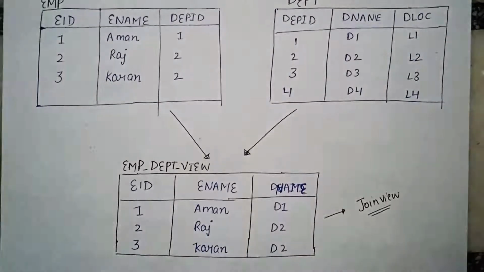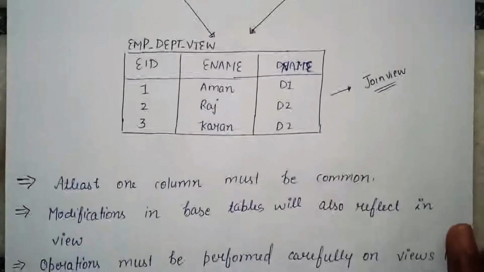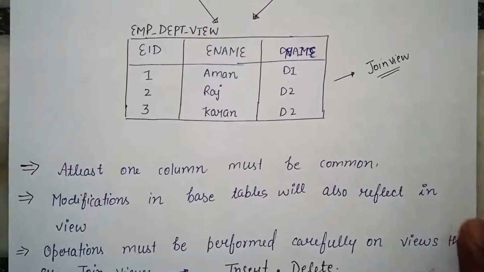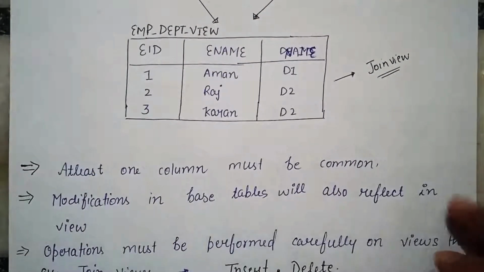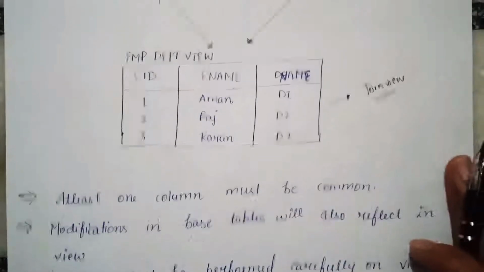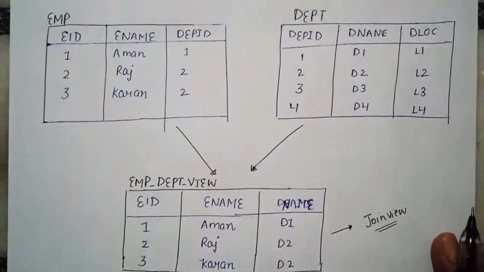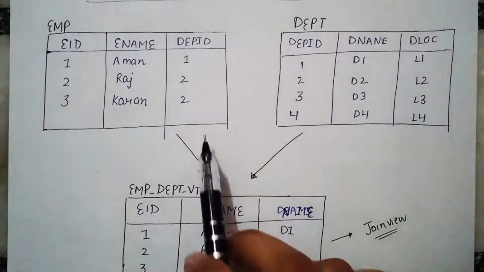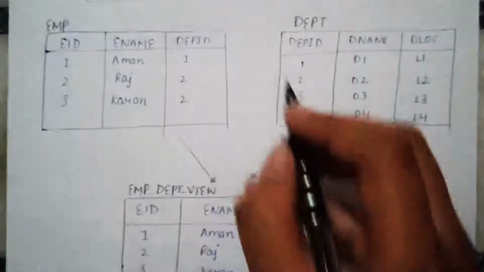Now while using join views we have some conditions. The first condition is that at least one column in the base tables must be common. For example, in the employee and department tables, these two columns are common: department ID in the employee table and department ID in the department table.